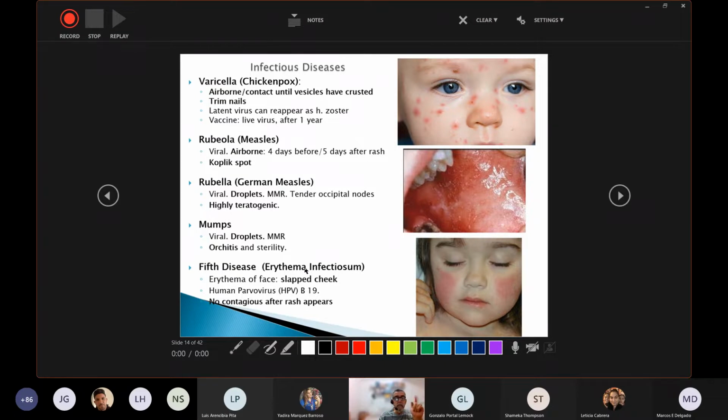Mumps, the same as paperas, no? That can produce orchitis and sterility in men. Notice that children of my times, guys, we didn't have a vaccine for any of those diseases. So children of my generation used to have all those diseases.